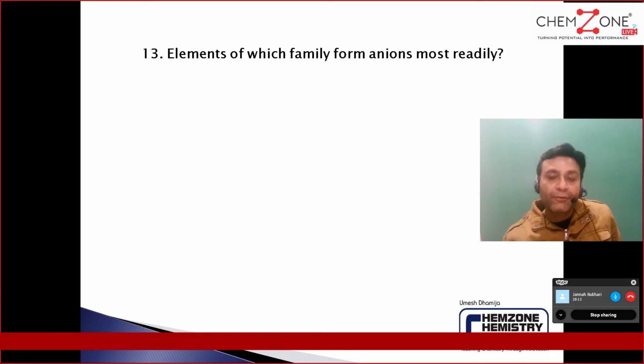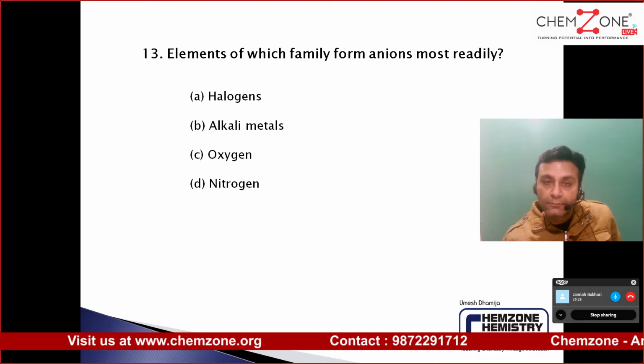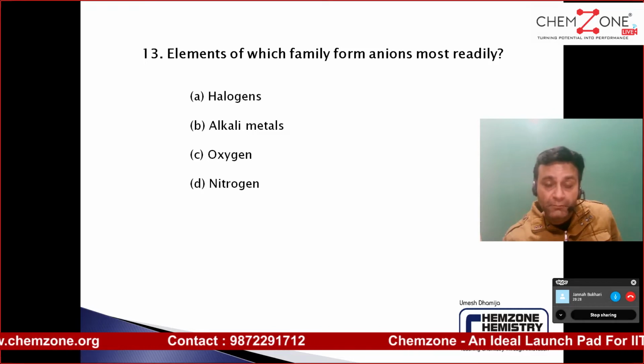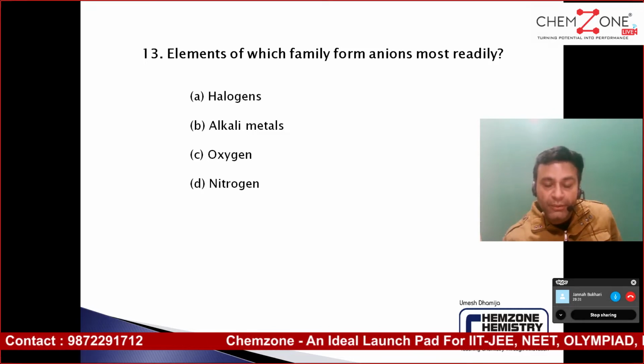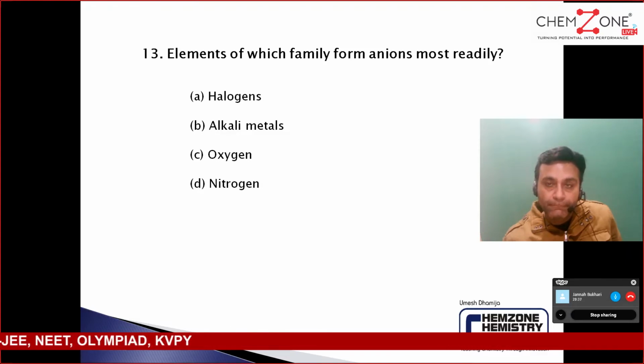Elements of which family form anions most easily? Halogens, alkali metals, oxygens, or nitrogen? Alkali metals, because they attract electrons. Do you know what alkali metals are? Oh no, those form cations. Sorry, never mind.